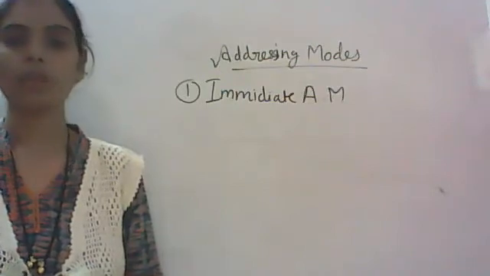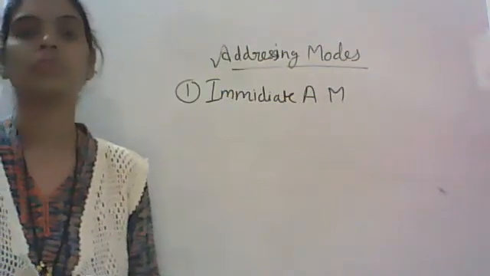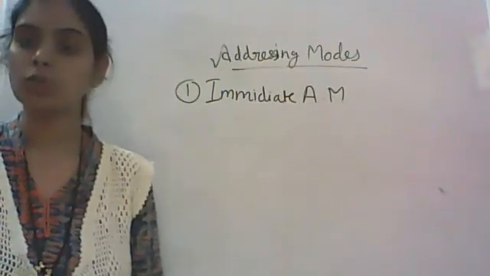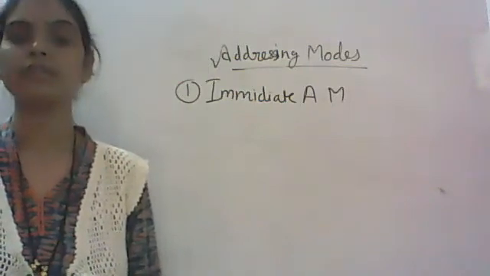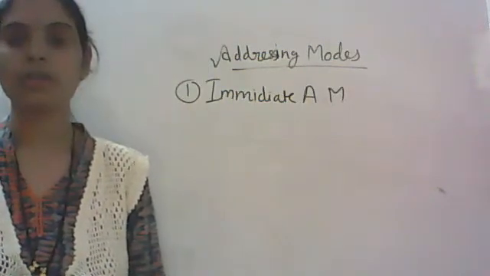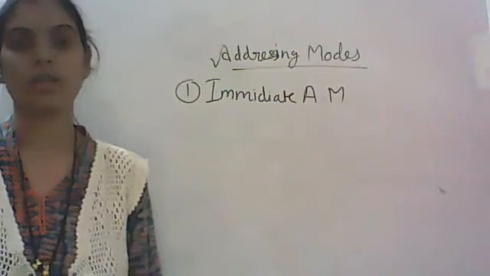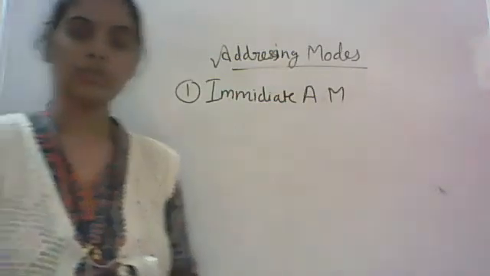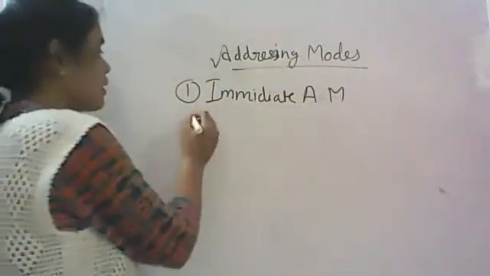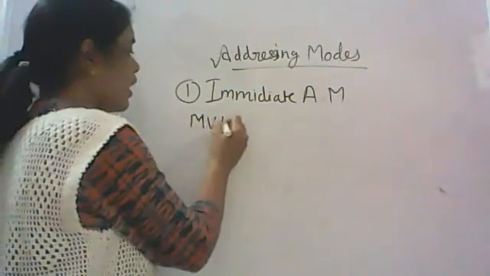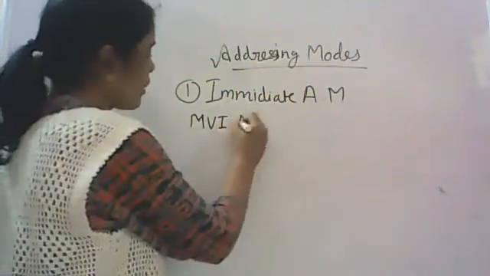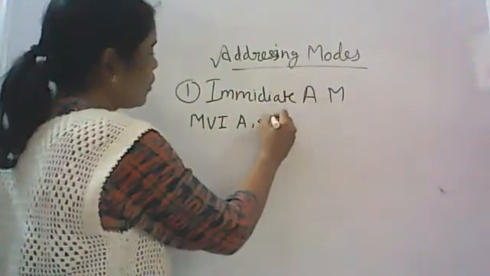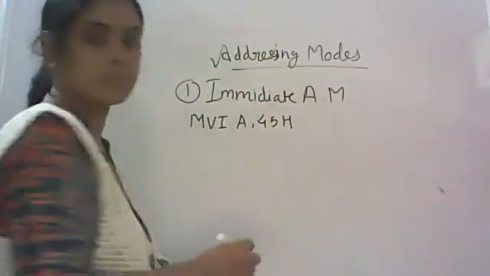What is the source operand? It is data. Okay, so see the example. For example, MVI E, 45 hex.